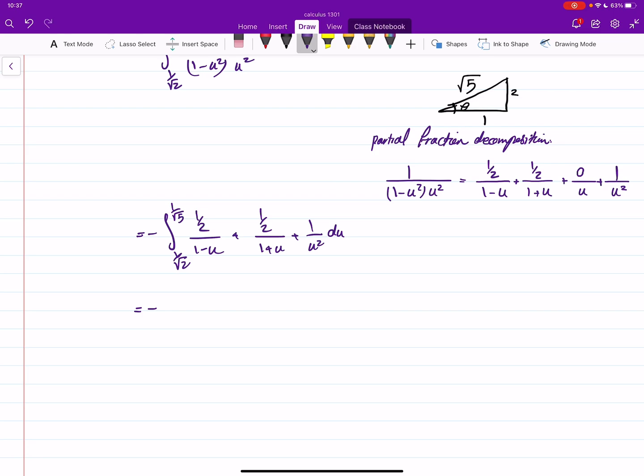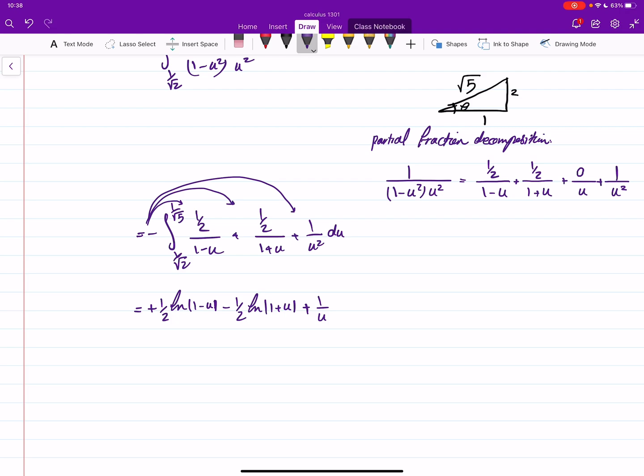So the first one is going to give us negative half of, so this will be positive, ln of the absolute value of 1 minus u, plus, oh, there's a minus there, half of ln of 1 plus u, then minus 1 over u, but there will be another minus sign multiplied from outside, this one and that one.